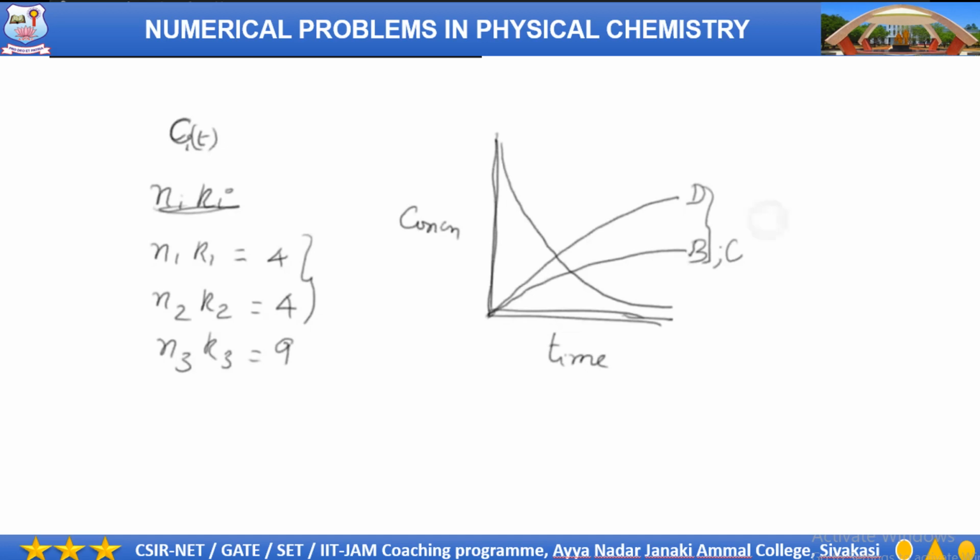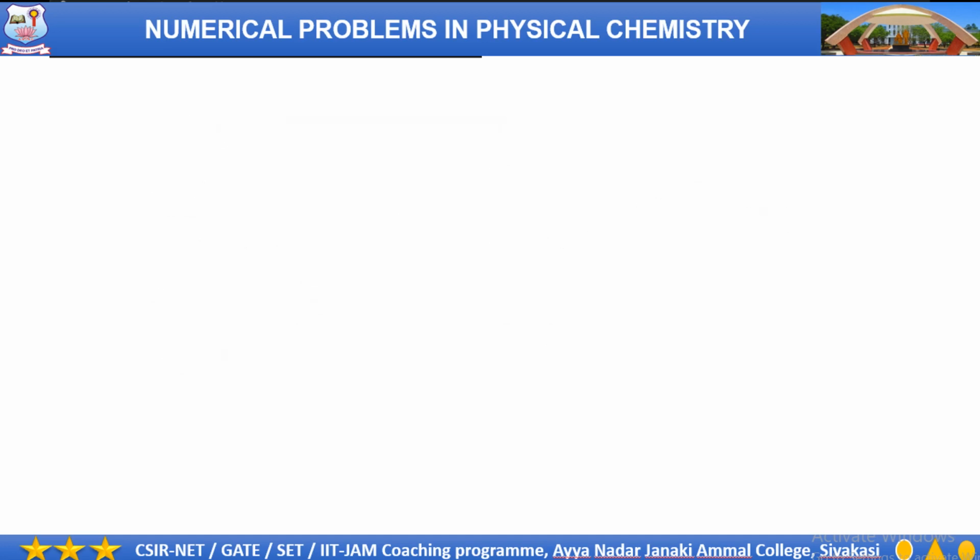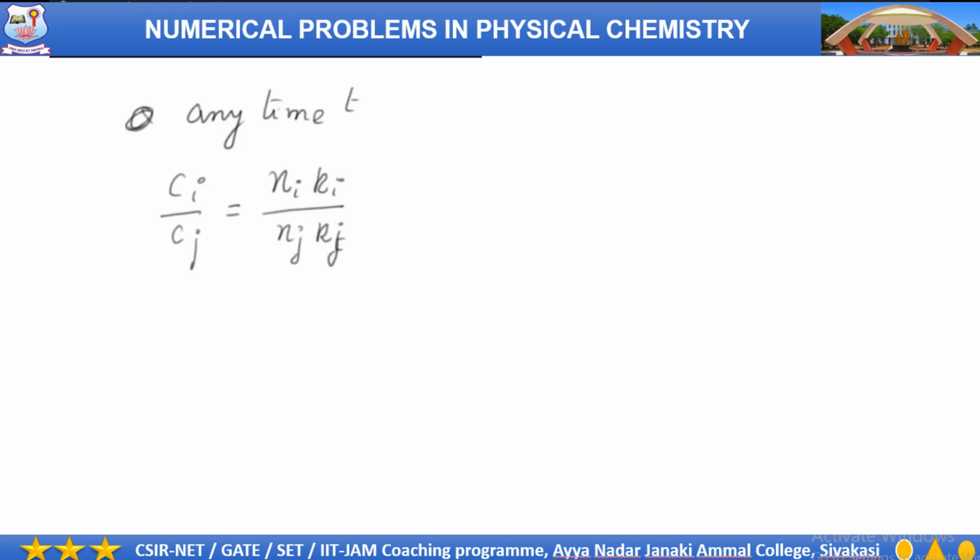Okay. Next, the last type of problem. Here we are going to find the concentration of any product at any time. That is given by the concentration of the ith mode by the concentration of the jth mode, which is equal to the stoichiometry of the ith mode into its Ki by the stoichiometry of the jth mode into Kj. In the last problem we discussed, what is the concentration of B by the concentration of C at any time?